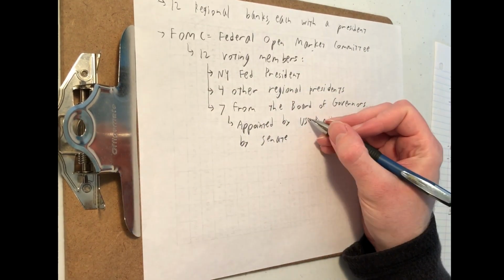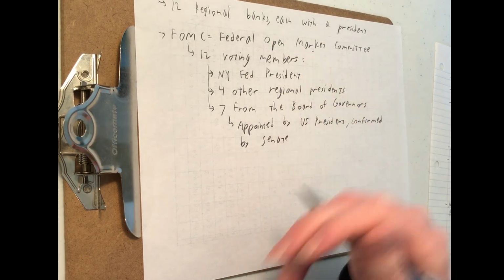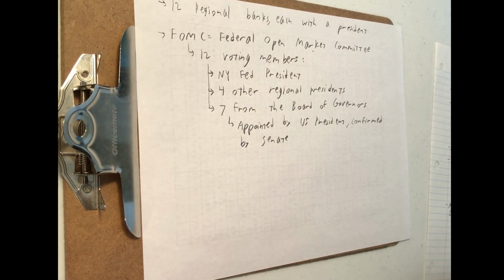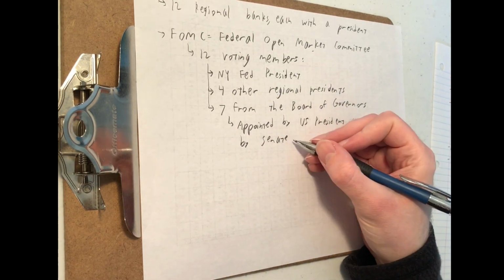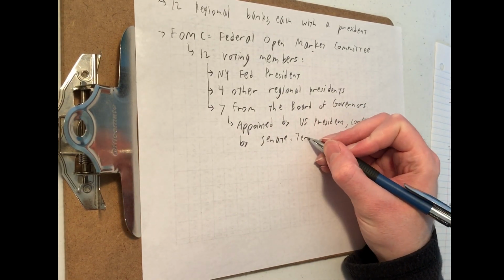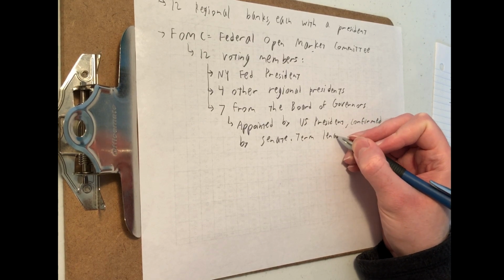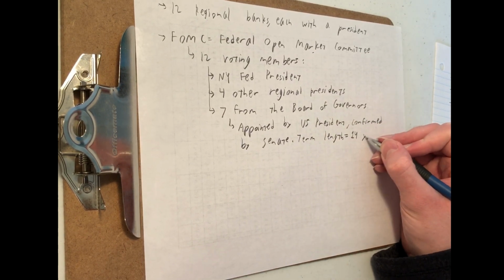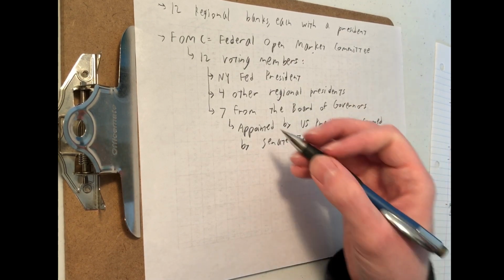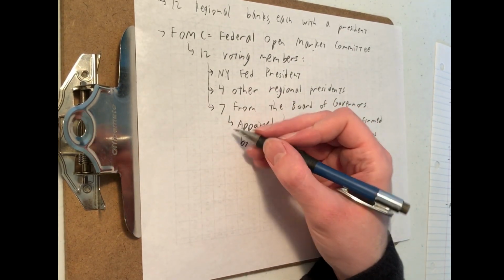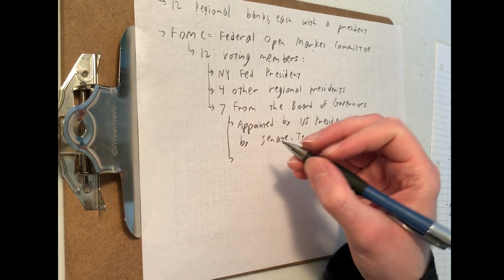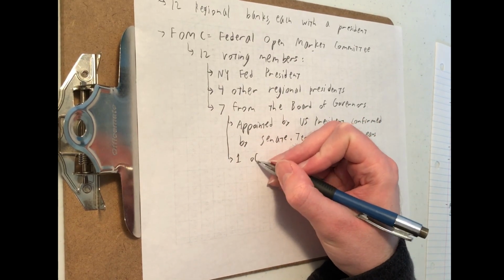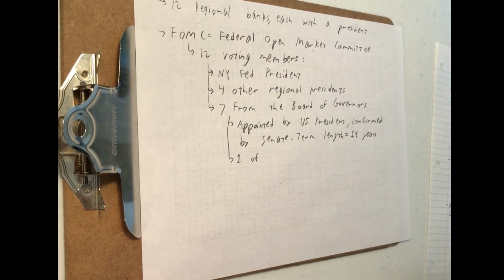Now, their terms are very long, so it's not like a 2-year congressman or a 6-year senator. These terms actually last 14 years. Now, the chair, though, only serves in their position as chair for 4 years.